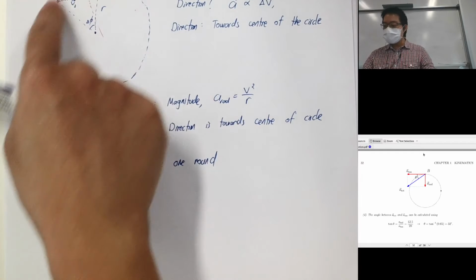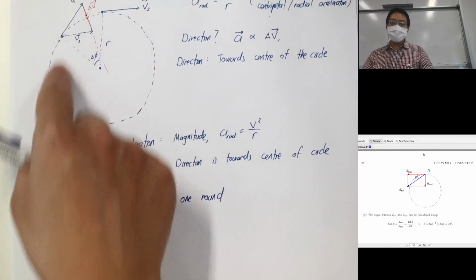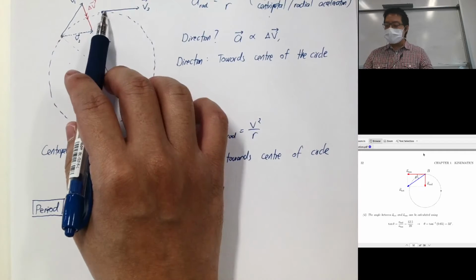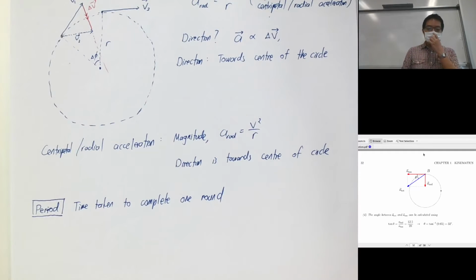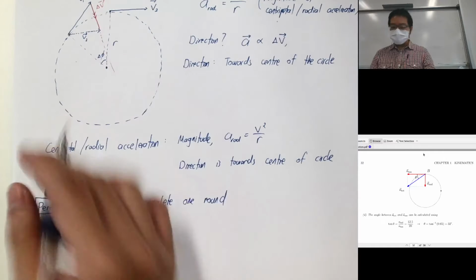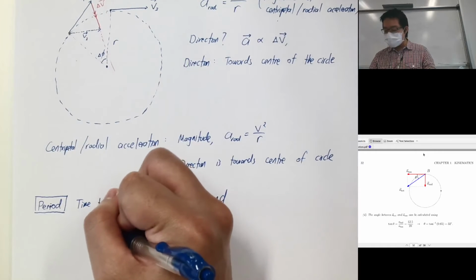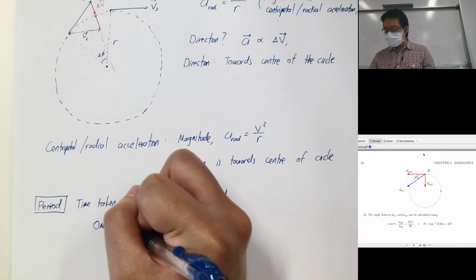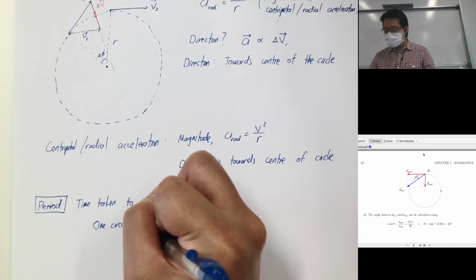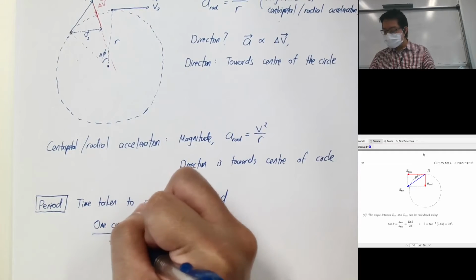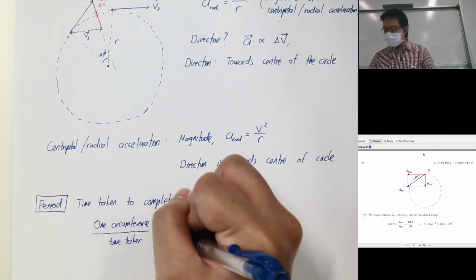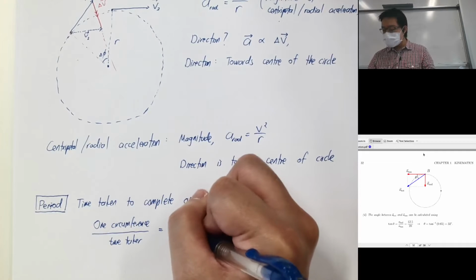We can calculate it because this is the speed, given in meters per second, and we can calculate the circumference of this circle, which gives you the length. So the circumference of one circle over the time taken to cover that circumference should be equal to the speed, right?